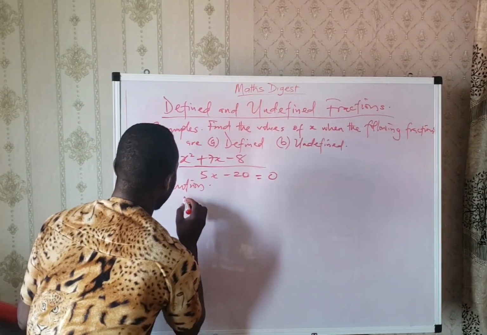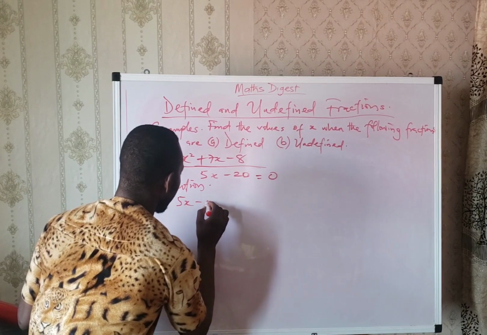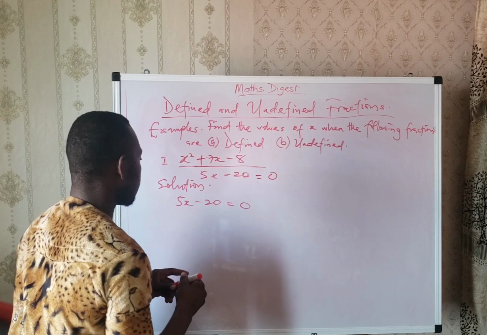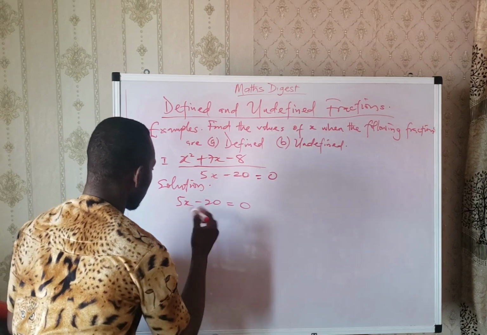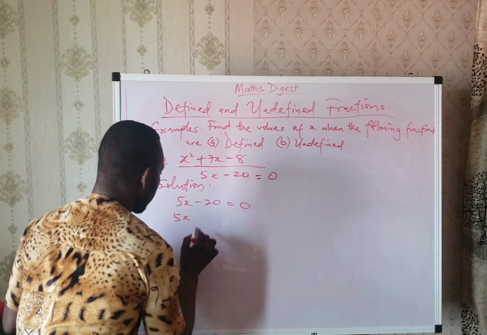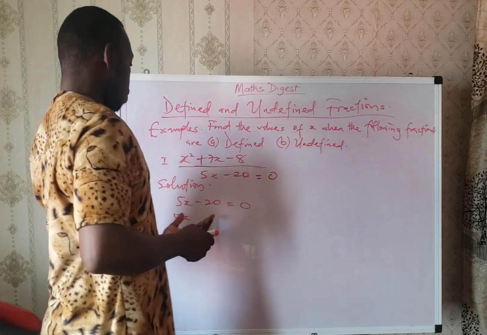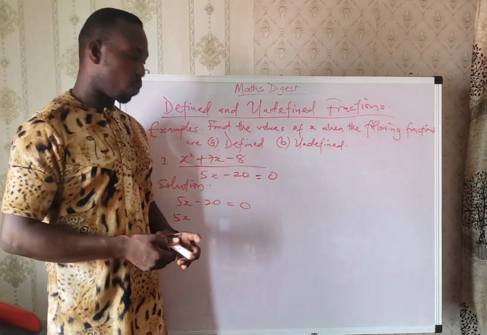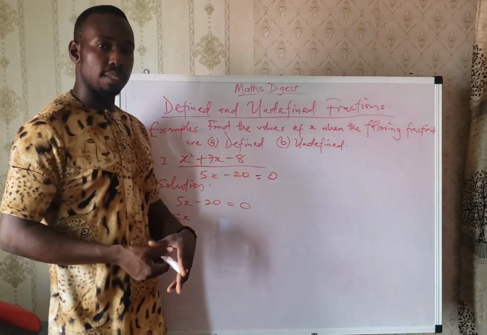So we say (5x minus 20) equal to 0. So what do we do? We add both sides by 20. We add 20 in both sides.